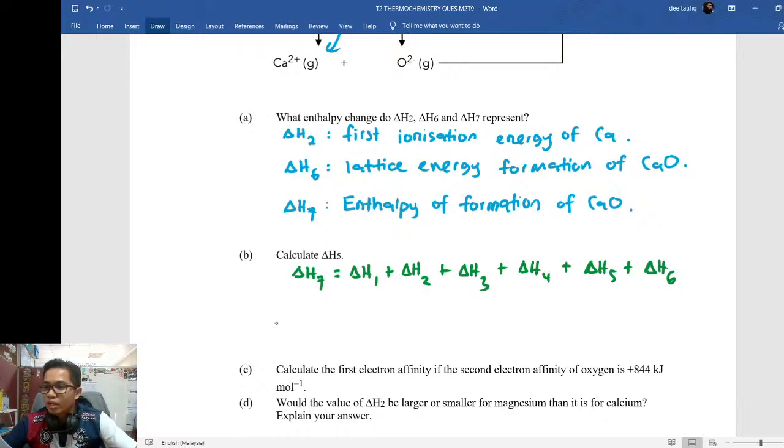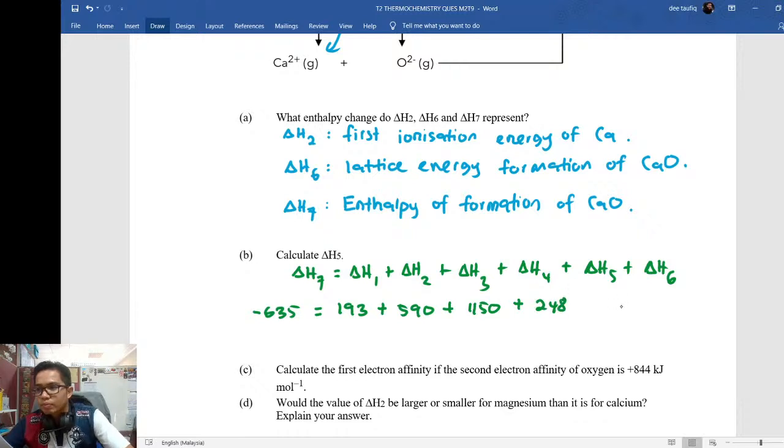Okay, then we substitute the value. Delta H7 is negative 635 equal to 1 is 193, 2 is 590, 3 is 1150, 4 is 248, 5 unknown, 6 is negative, kita tolak je lah ya, plus minus, so become minus 3513.